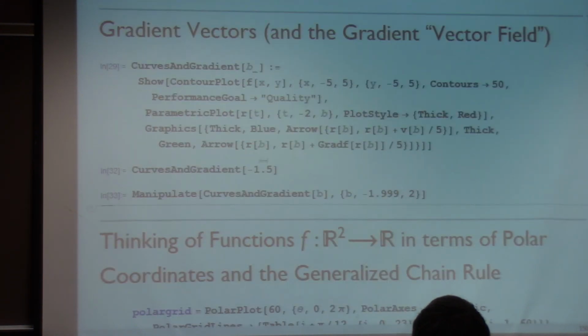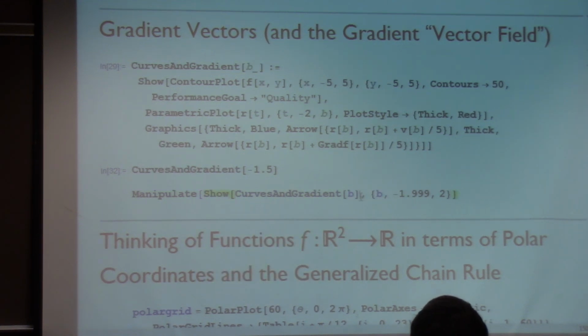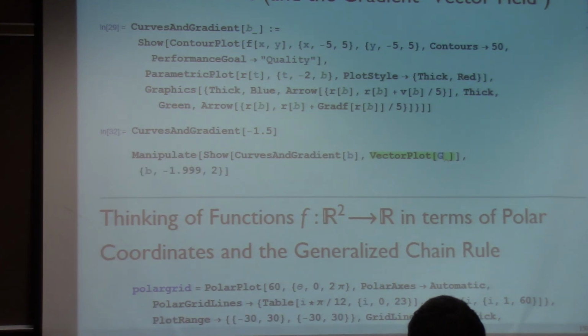Anyway, I'm going to use that to also now add in the vector field plot. I'm going to put a show around this, and also after the comma put vector plot. Vector plot will plot the vector field. Lots of vectors, lots of gradient vectors from the formula for the gradient. So I can put a grad f in here.